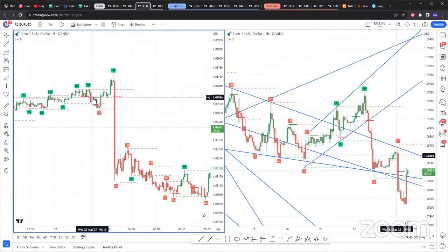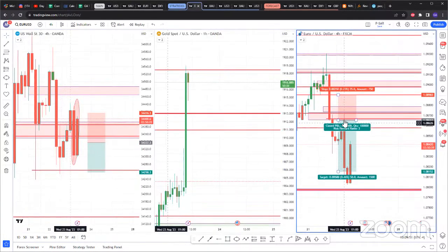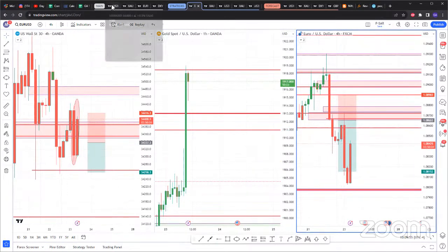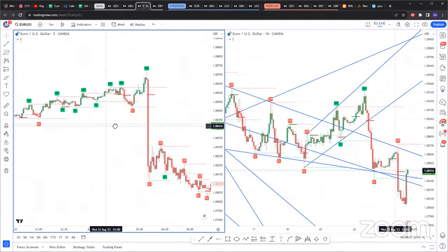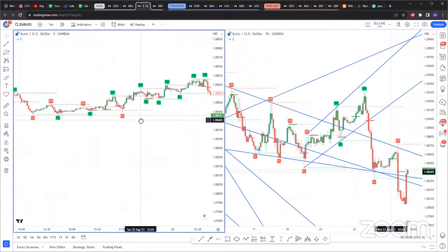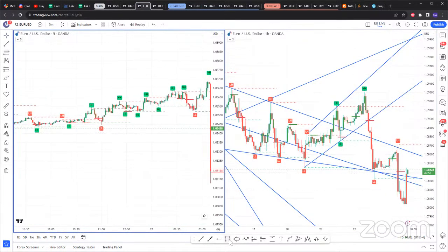So that entry was around the 1 a.m. candle. Let's see. So the next time our price retraced was around 1 a.m. right there. And if we go to EU, your entry could have either been here as price retraced.